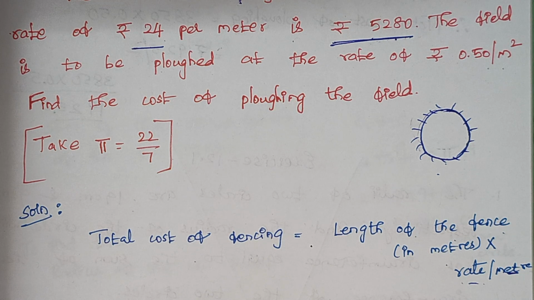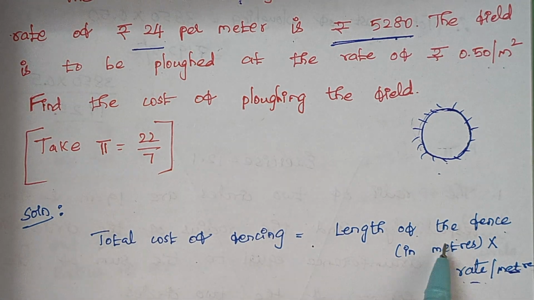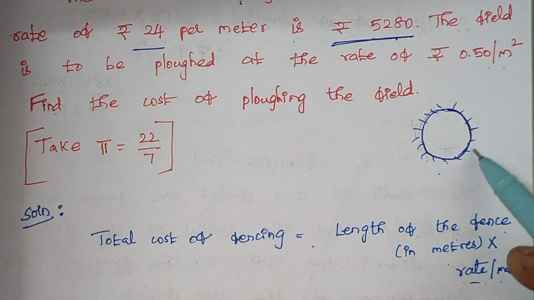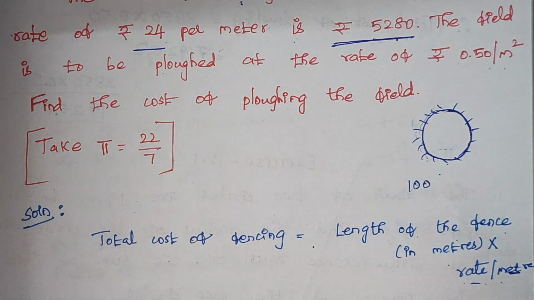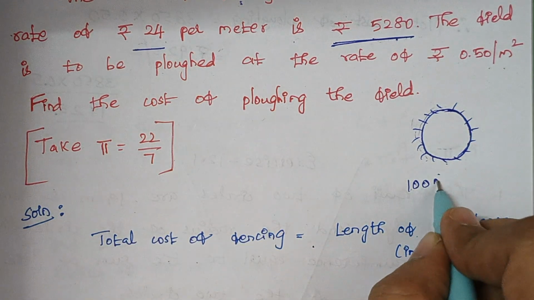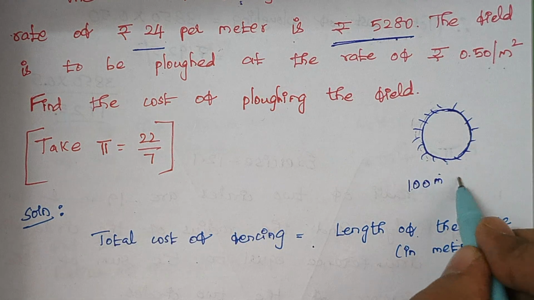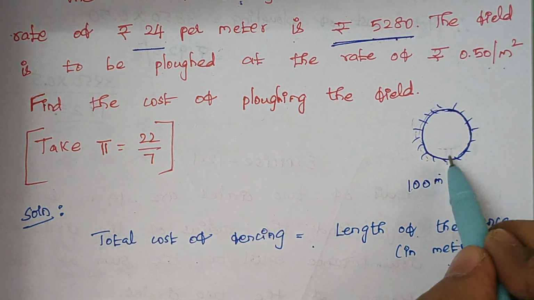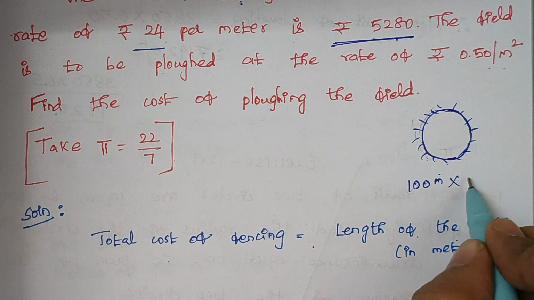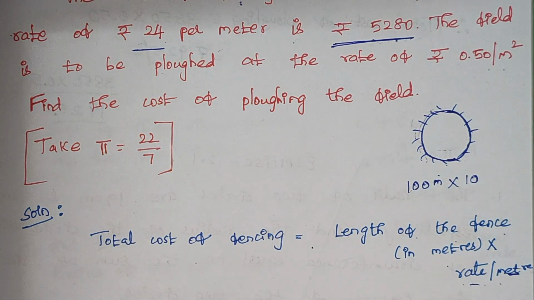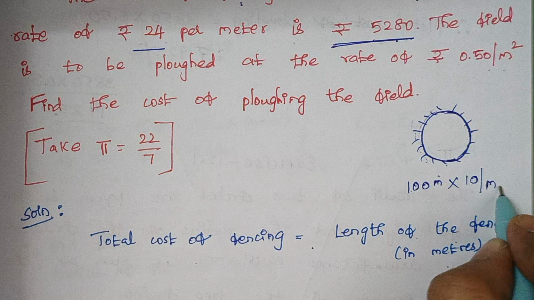Let me explain with another example. You have to find the total cost. For example, the total length of the fence is 100 meters, and for 1 meter the cost is 10 rupees per meter.